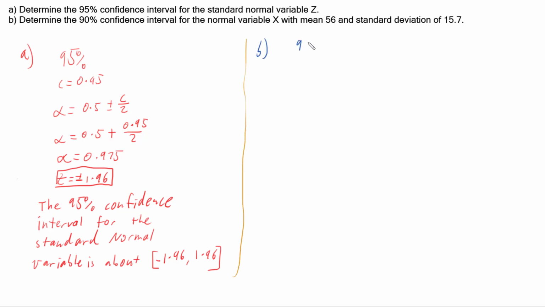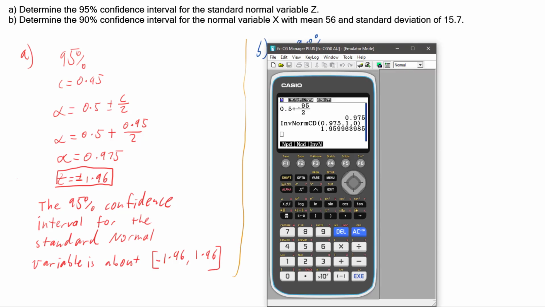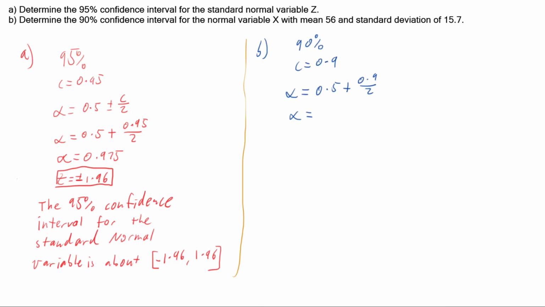This time we want a 90% confidence interval, so C is going to be 0.9. If we work out our upper limit, we have 0.5 plus 0.9 divided by 2. Putting it into the calculator, 0.5 plus 0.9 over 2, we get 0.95.